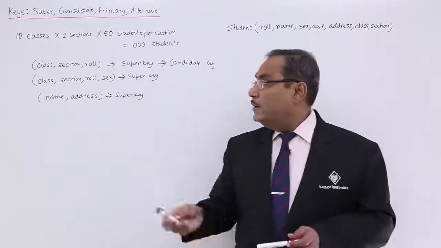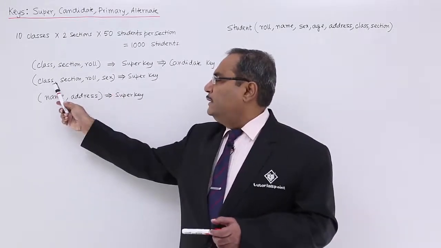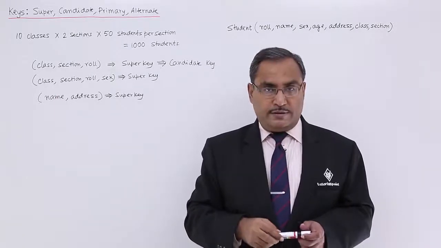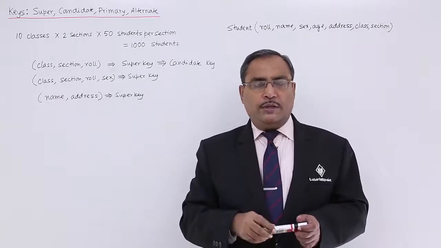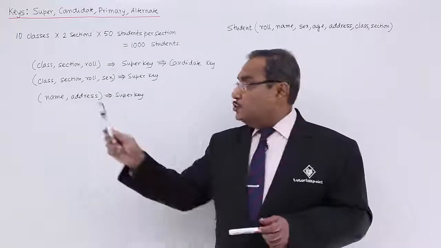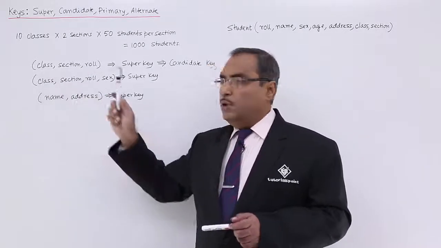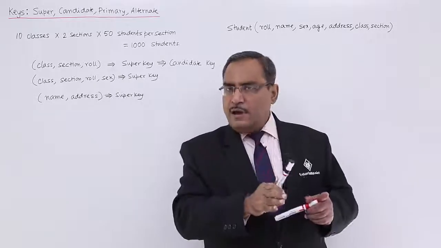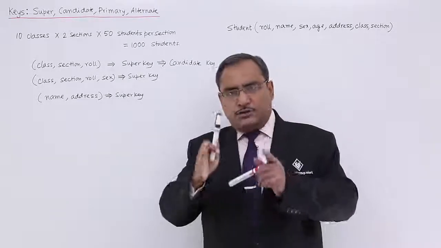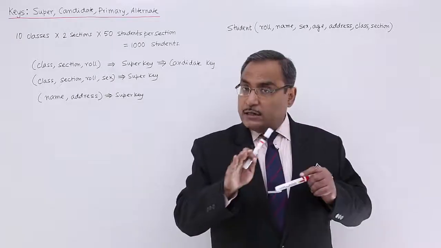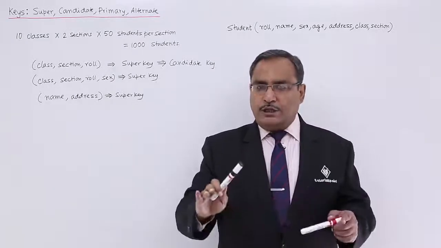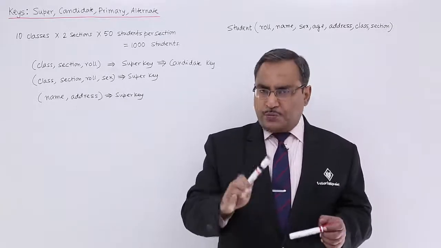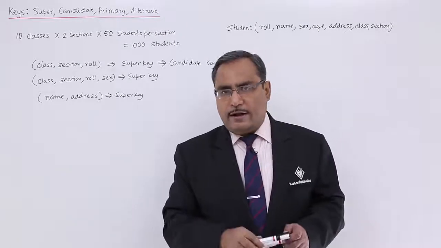So we can say that all the attributes taking part in this particular super key are sufficient, but I cannot ensure that they are necessary. So here also, this class, section, roll number is a super key. From the super key perspective, attributes taking part in the construction of the super key are sufficient, but I cannot ensure that all of them are essential, because a super key can have some redundant attributes.